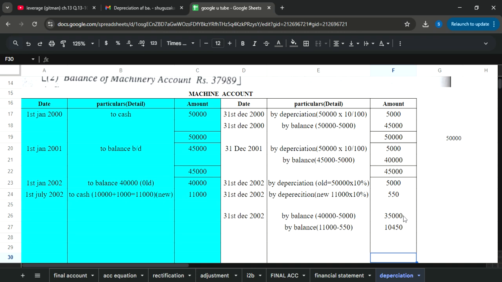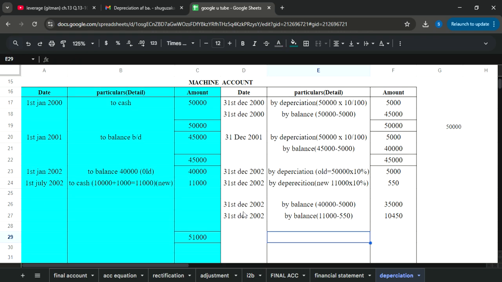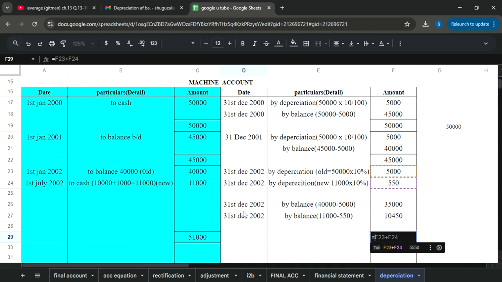Have you noticed everything? So here date would be similar, 31st December. Now we will be writing total over here. And how much total? Since these are two amounts, 51,000 over here, and similarly you will write total over here, which would be 51,000.